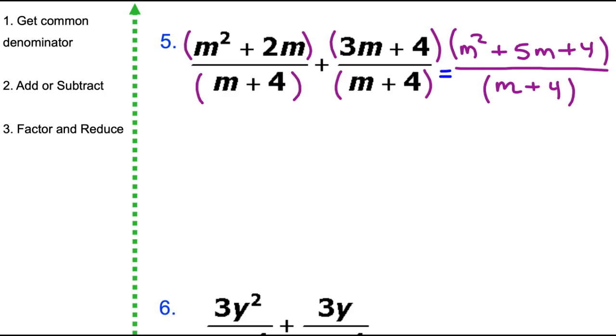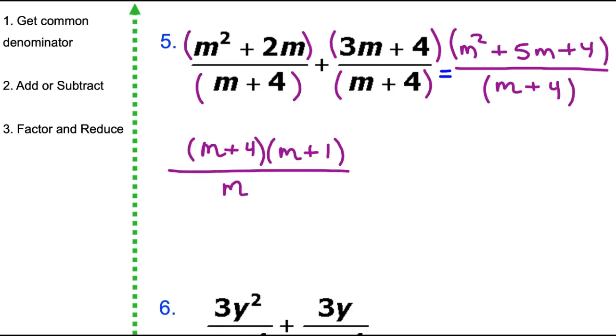Can I factor anything in the numerator? Can I factor that trinomial? Are you a good factorer? Hopefully that's pretty good for you. You can factor m plus 4 and m plus 1. And then you'll see that they both have a common factor of m plus 4 in the numerator and denominator. Get your math machete out. Chop, chop.